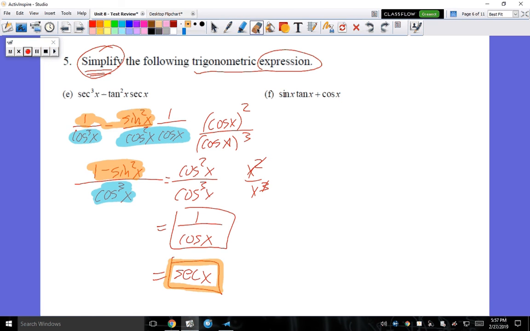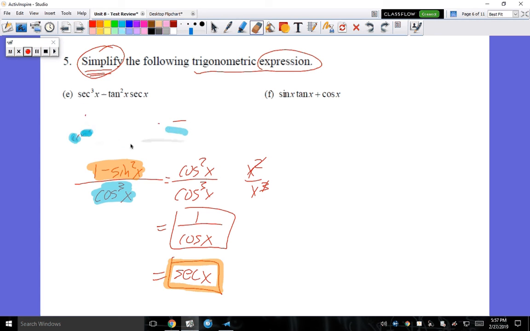Okay, so an easier way to do this, some people may or may not recognize this at the very beginning, is that whenever you have adding or subtracting trigonometric functions that way we were given, you could also GCF. I could have GCF'd a secant x at the very, very beginning by dividing it from both of these so that I would have a secant squared minus a tangent squared. Okay?